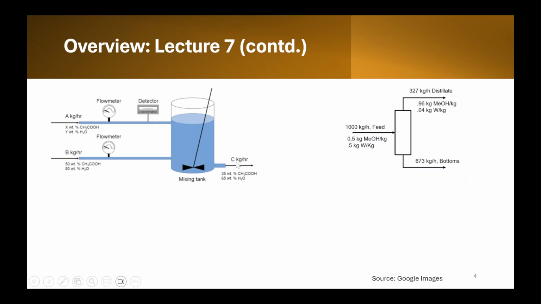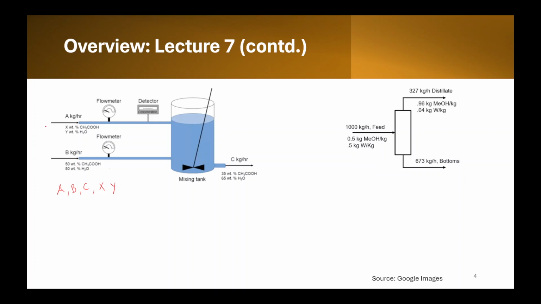And then this is the C stream, and this has 35% of acetic acid and 65% of water. We will firstly write what the unknowns are here. Currently, we don't know what A, B, C, X, or Y are.